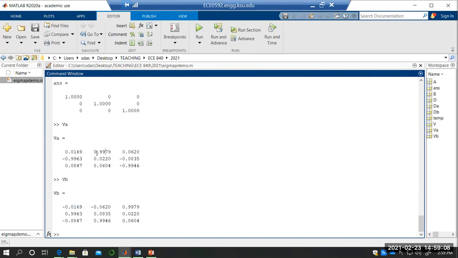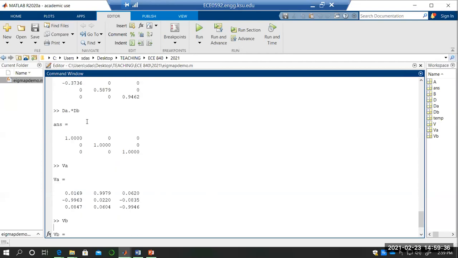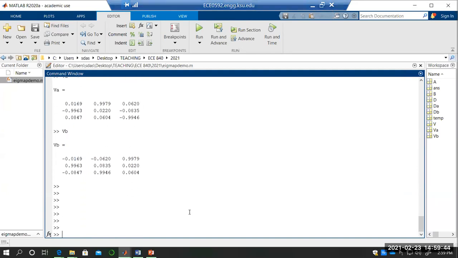The second column of VA is equal to the third column of VB, so that's the same eigenvector. And the third column of VA is equal to negative of the second column of VB. So basically, the matrices A and B, which is A inverse, have the same set of eigenvectors, and their eigenvalues are reciprocals of each other.